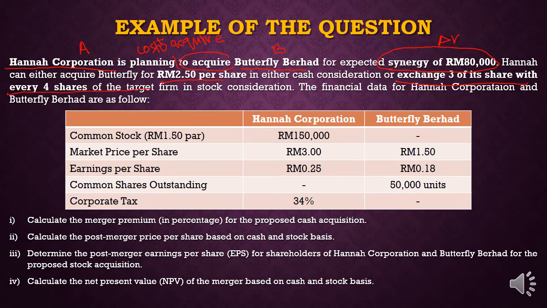This is the information for the exchange ratio on the stock basis, where the exchange ratio, based on the formula, is equivalent to number of share A divided by number of share B. Based on this statement, exchange 3 shares for 4 shares of the target firm, meaning the number of share for A is 3, divided by 4 shares of the target firm, which is number of share B represented by 4.